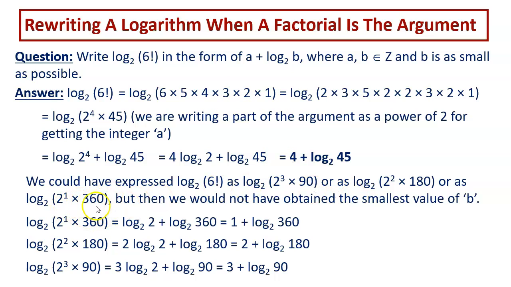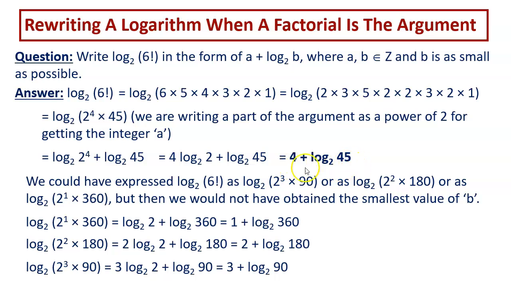So it becomes 2 times 360. In this case, the b value becomes equal to 360. So 360, 180, 90, all these are more than 45. Okay? So this is the smallest value of b that we can have.